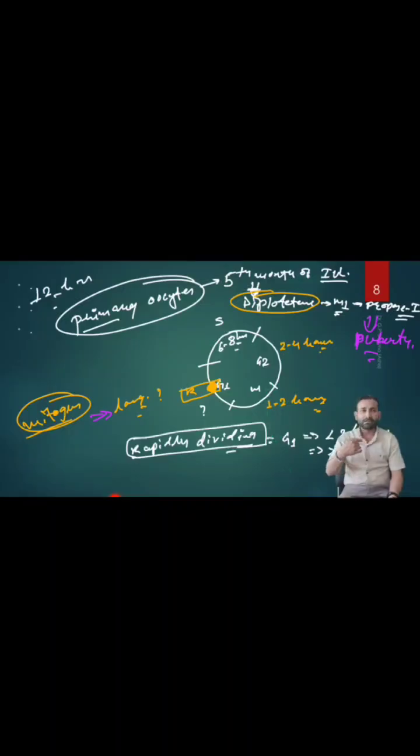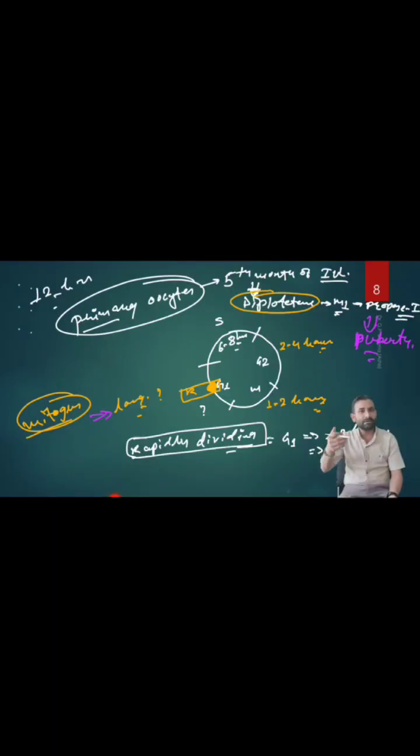Those primary oocytes that begin to mature during the respective menstrual cycle, those stuck in diplotene, will complete their meiosis 1 prophase, and then they enter into meiosis 2, right? Because in one menstrual cycle only 1 or 2 primary oocytes develop.